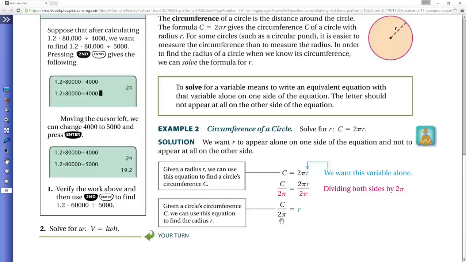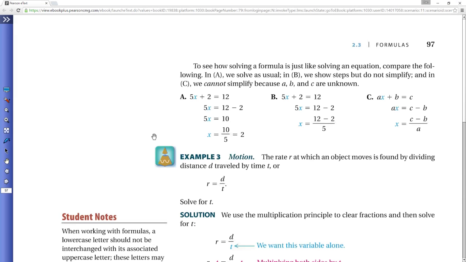And I get circumference divided by 2 pi equals the radius. So if I know what the circumference is, I just divide that by 2 times 3.14, or pi, really, if I want to be really exact.